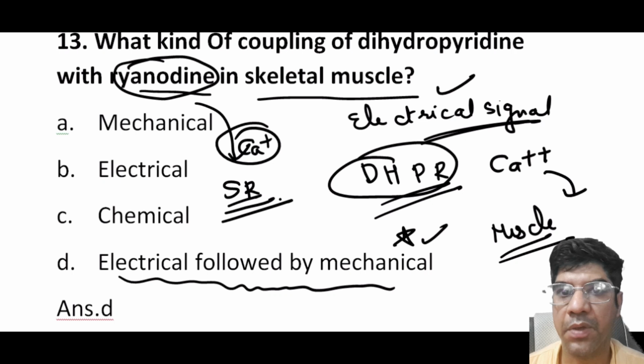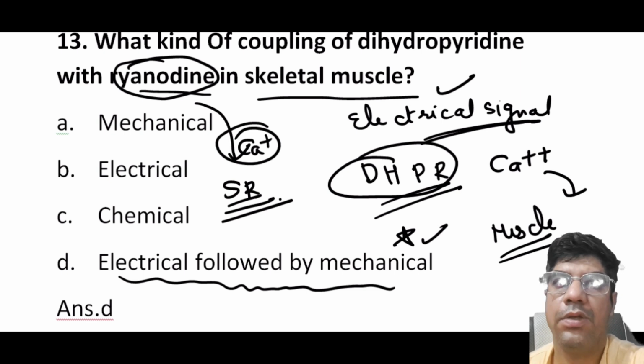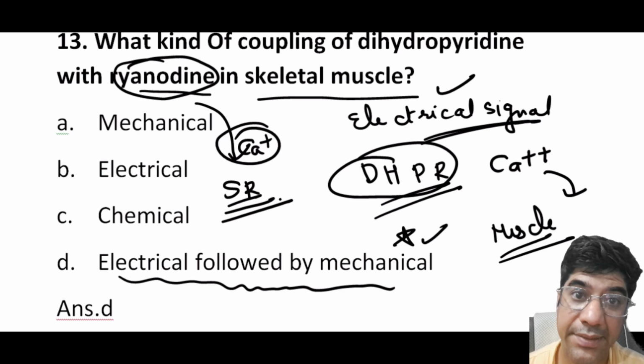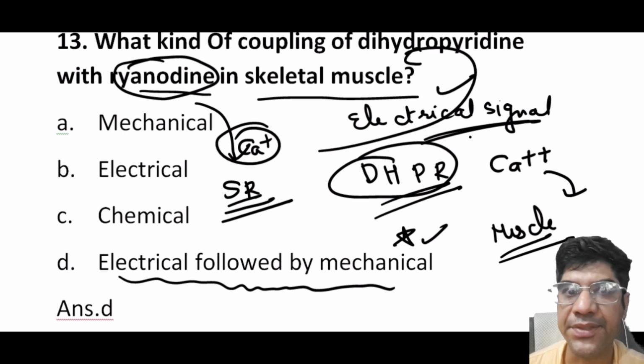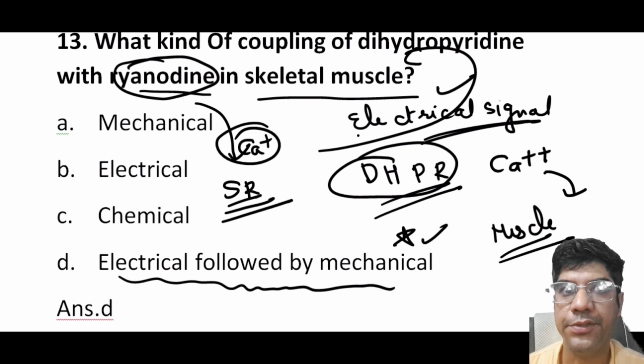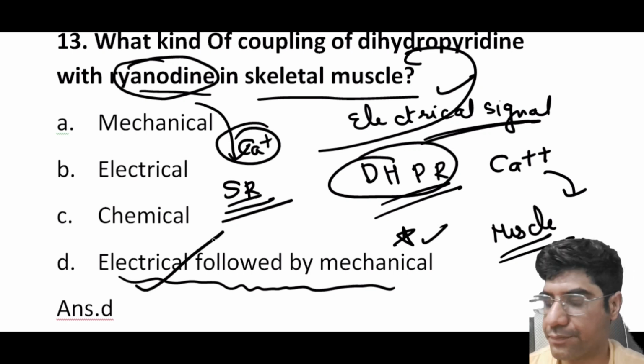That is a storage site for the calcium ions, to release even more calcium ions into the muscle cells. So remember, this increase in the calcium ions within the muscle cell initiates the contraction process leading to the muscle movement. So the answer is D.